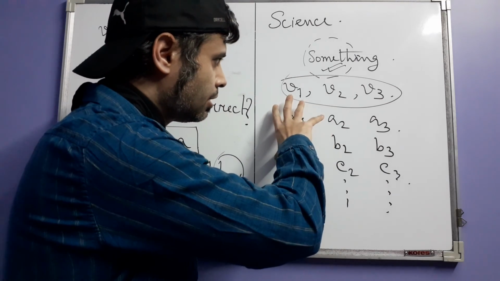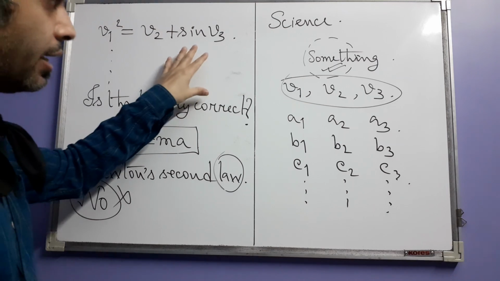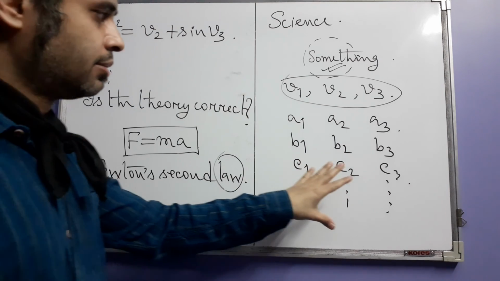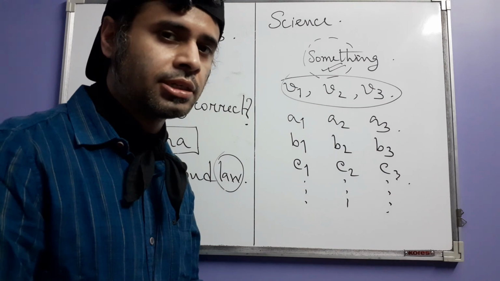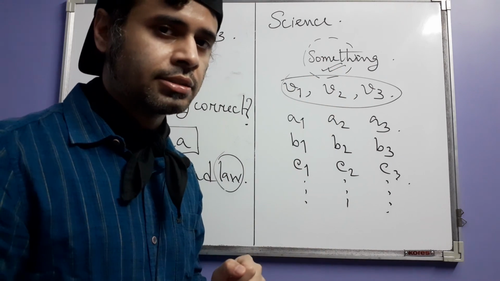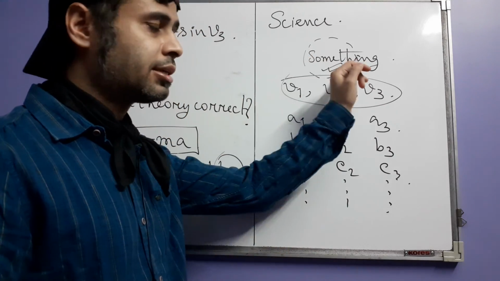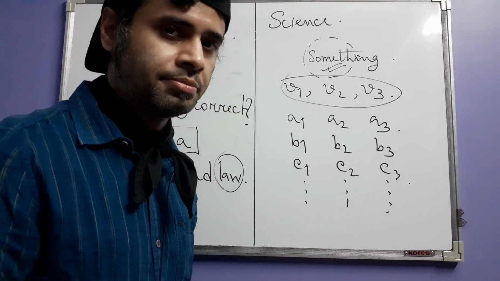And then what happens? The theory that you erect from that simplified situation is not representing the actual reality of that something, but it is only telling you something about that something approximately.